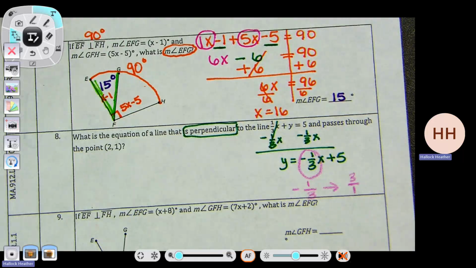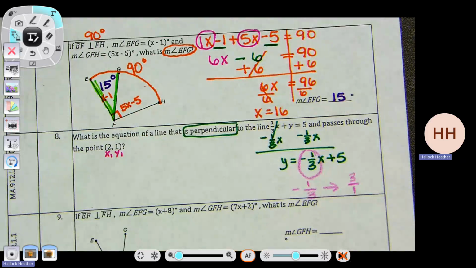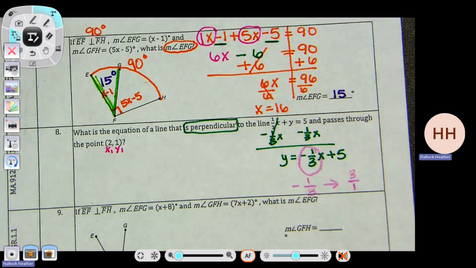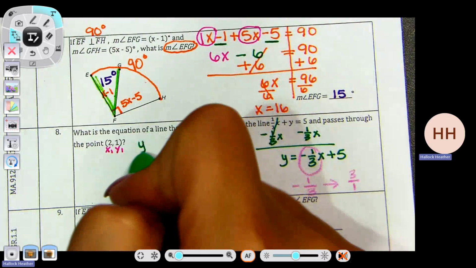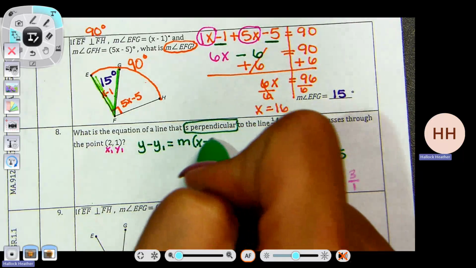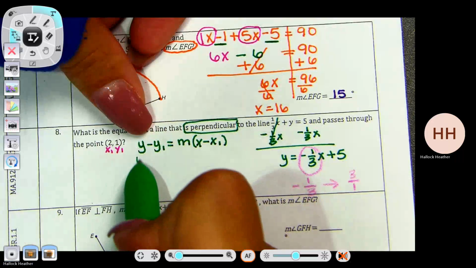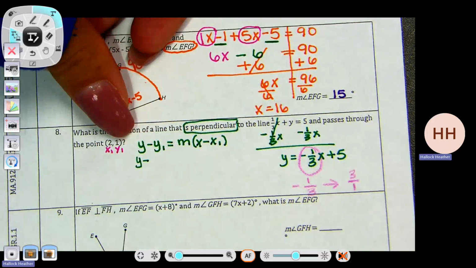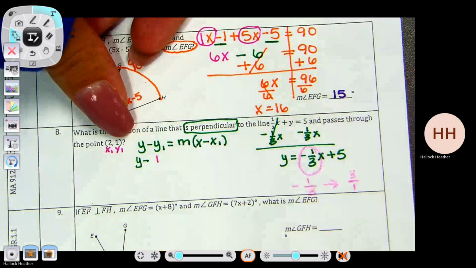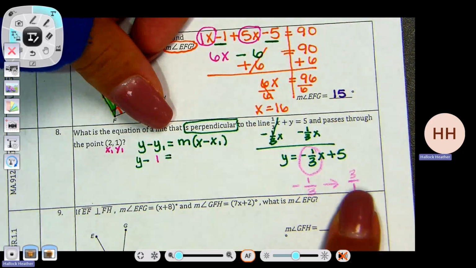We're going to use our point, which is x1 and y1, to plug it into point slope form. Point slope form is y minus y sub 1 equals m times x minus x sub 1. So I plug in y sub 1, which is 1. I'm going to plug in the slope, which is 3/1.